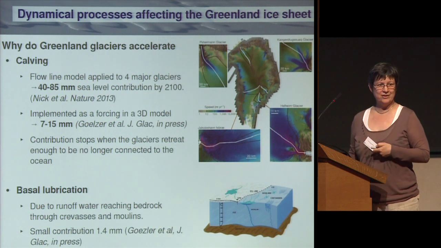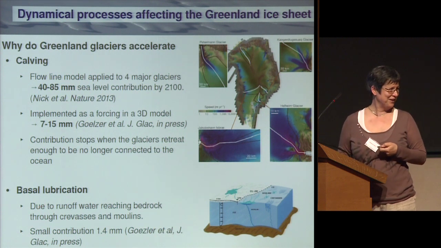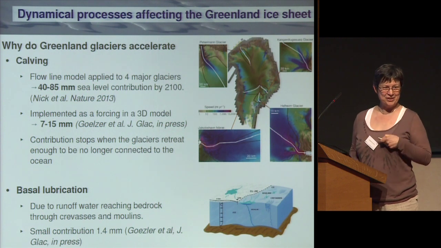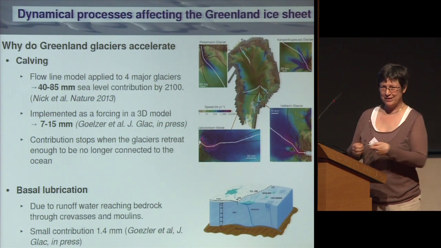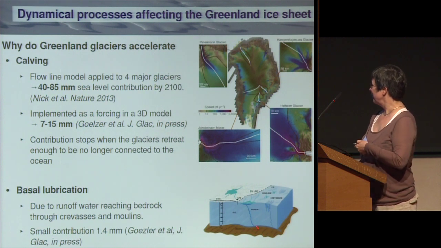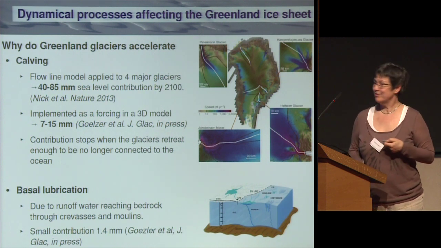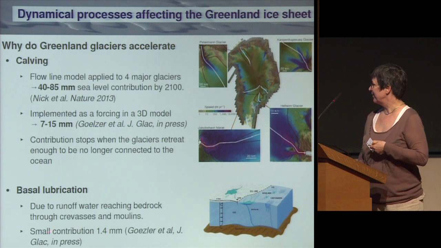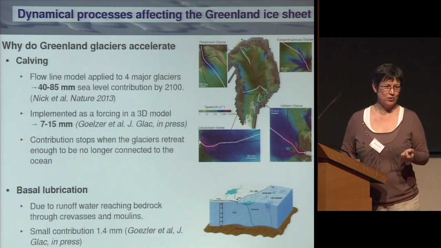This process indeed exists, and Roderick did a very nice experiment to evaluate the impact and to measure the water pressure at the base. But when put in the global model, it gives only small numbers.